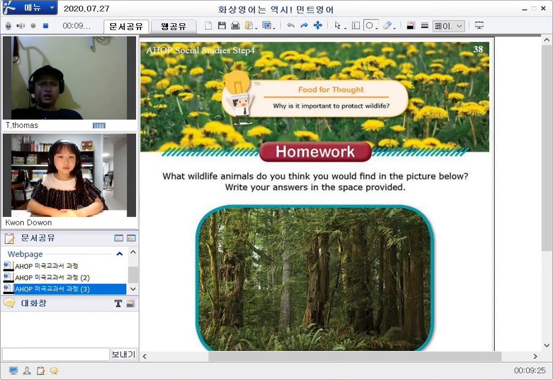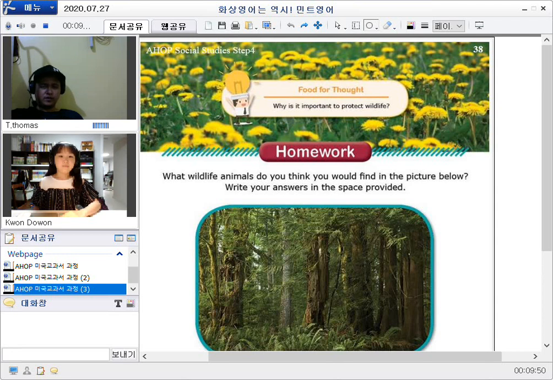I see. So if they are in the rainforest, they can freely find their own food. Yes. But at the zoo, if the zookeeper forgot to feed the animals, then they won't be able to survive. Right? Yes.